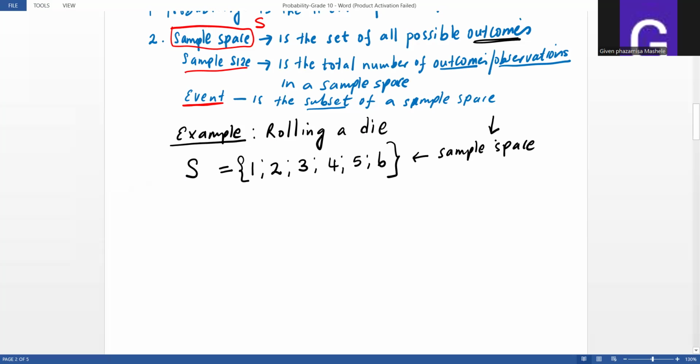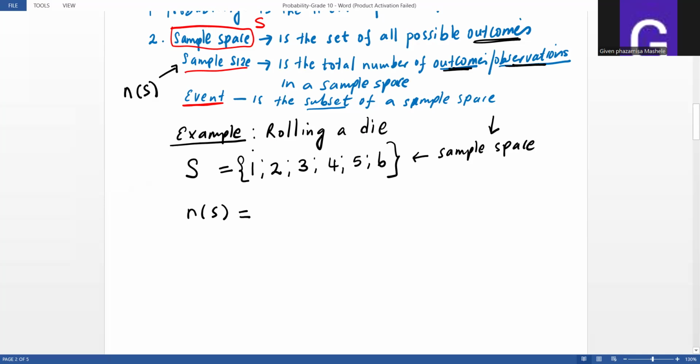And since we say this is the sample space, now we have to determine the sample size. Remember, I said S represents sample space. So if you want to determine the sample size, this will be the number of elements in the sample space. From the definition, the sample size is the total number of outcomes or observations in a sample space.